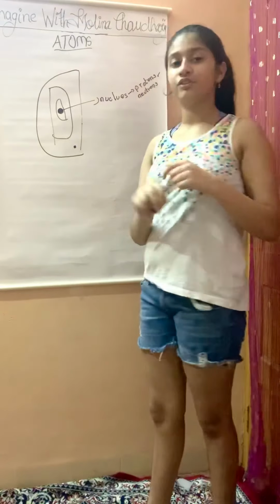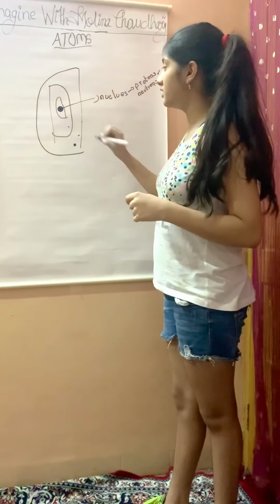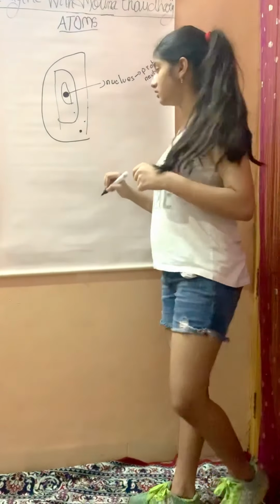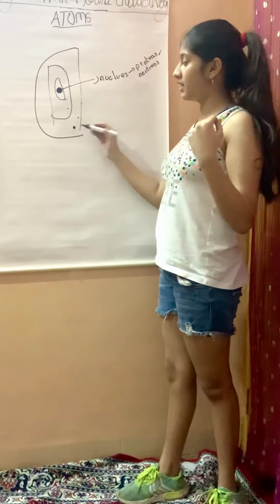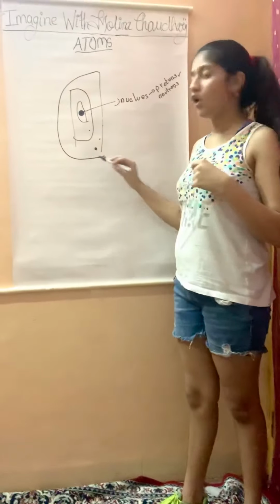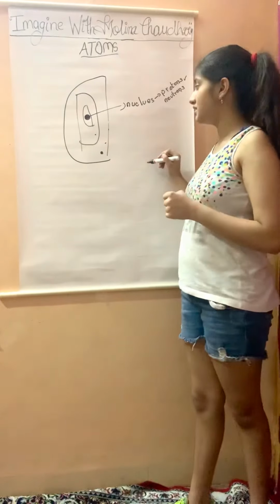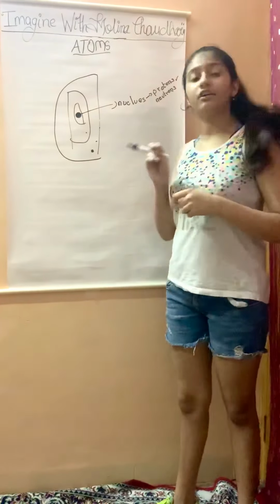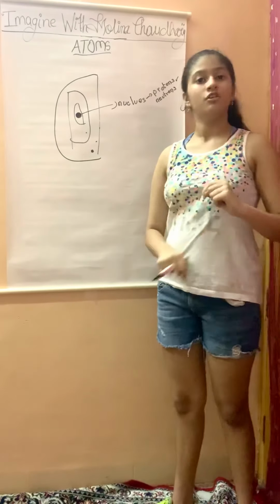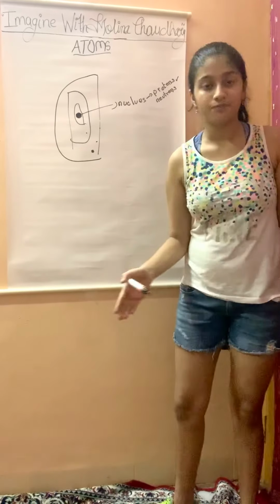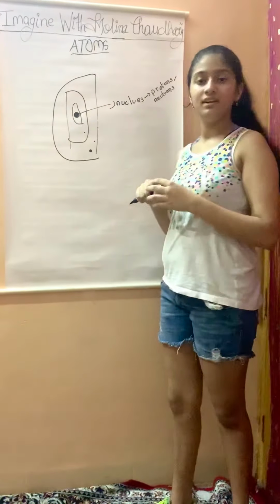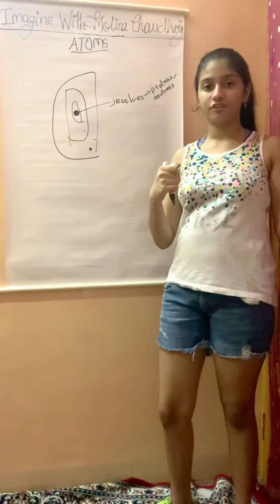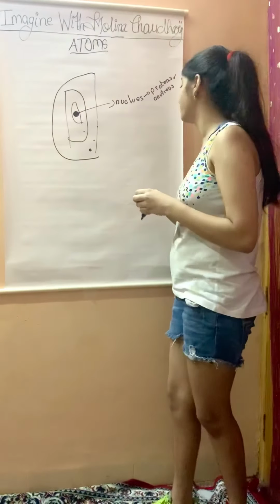These electrons are all over in these shells. When one electron of one particular atom meets another atom's proton, they create electricity, which we use. So, this is how electricity is produced.